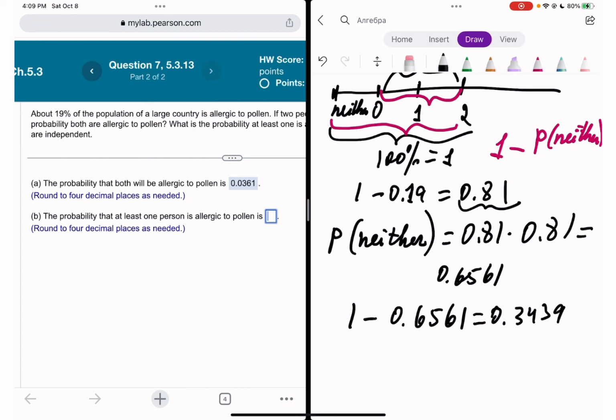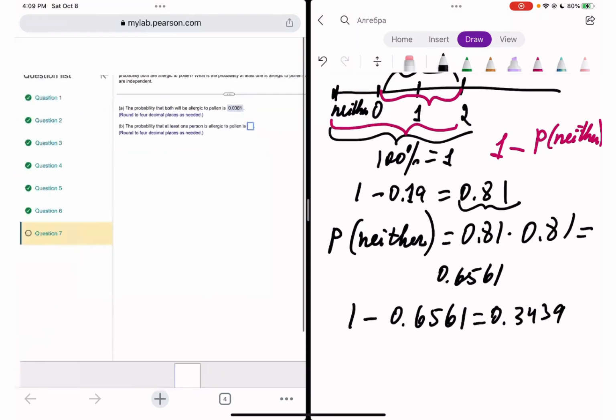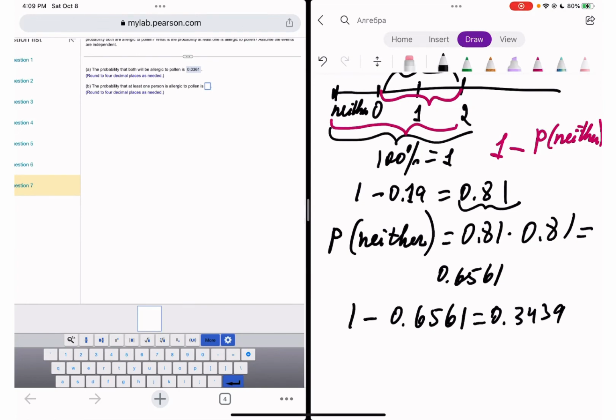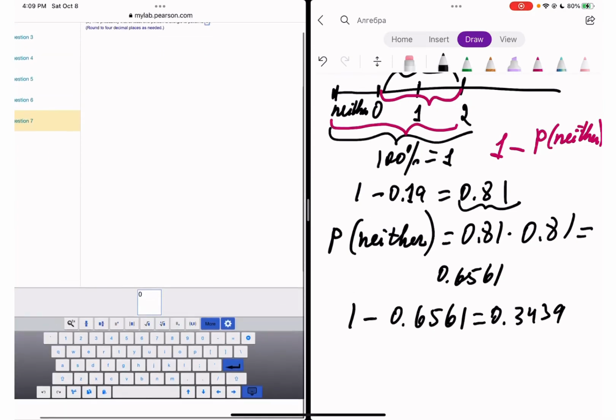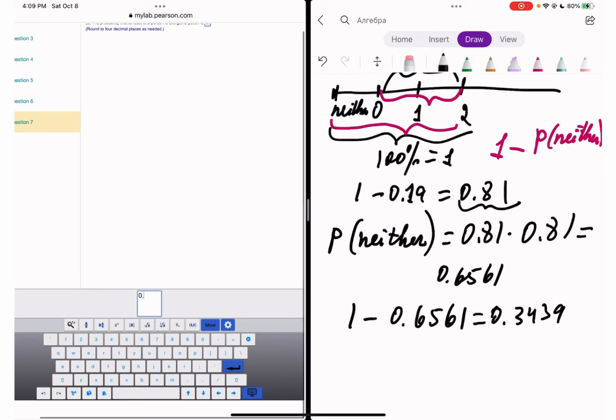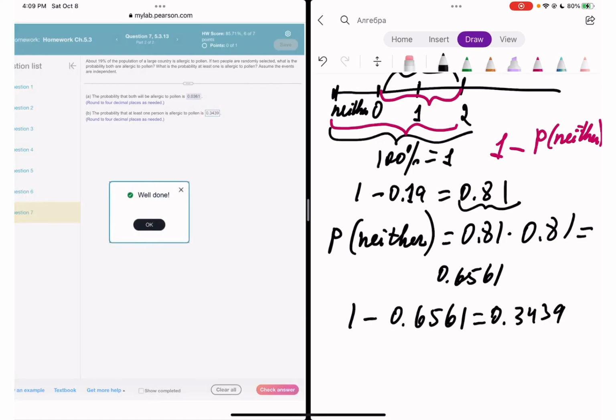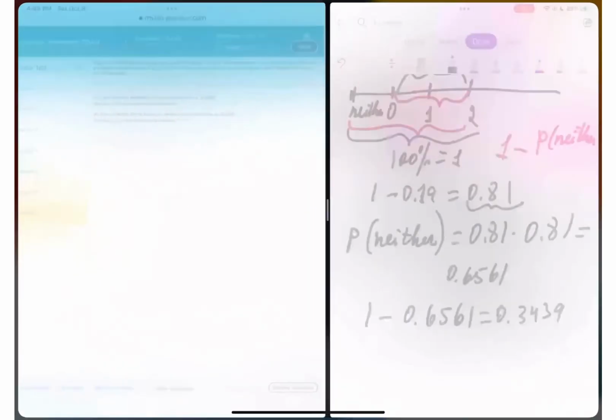Okay, let me enter this. 0.3439. Okay, well done.